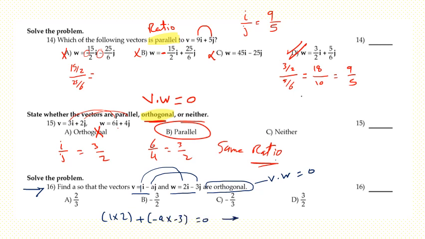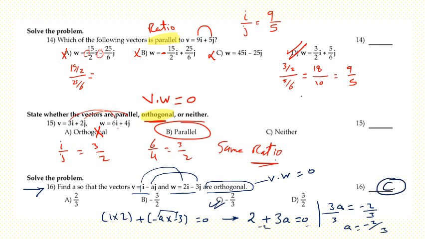So 1 times 2 is 2, plus negative A times negative 3 is 3A, equal to 0. By solving this equation, 3A is equal to negative 2 after subtracting 2 from the left and the right, and dividing by 3 for both sides. A is equal to negative 2 over 3, so the right answer is C.